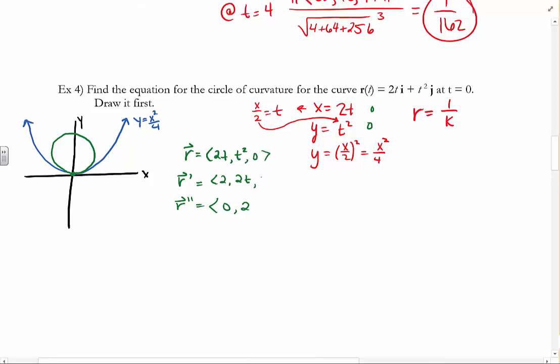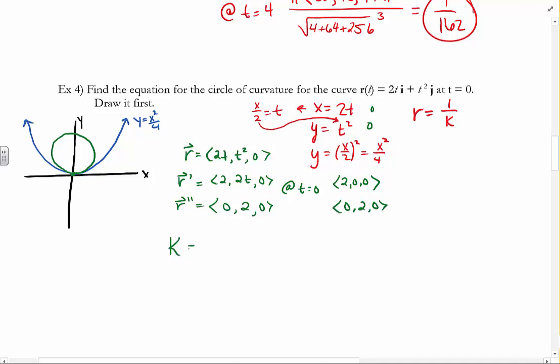So there's r prime, there's r double prime. Then I'm going to evaluate these at t equals 0, which is going to give me (2, 0, 0) and (0, 2, 0).